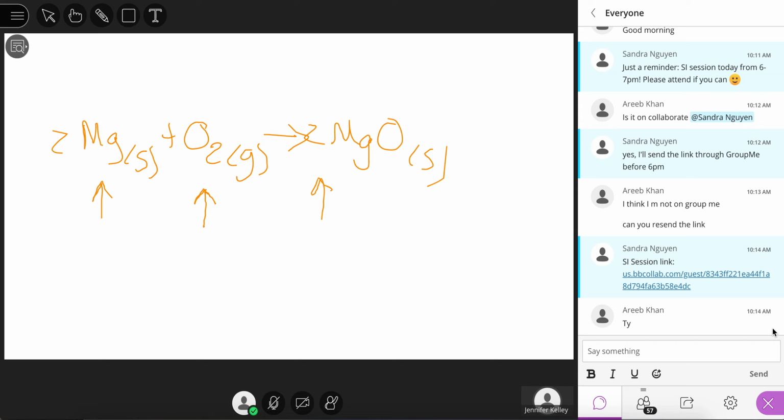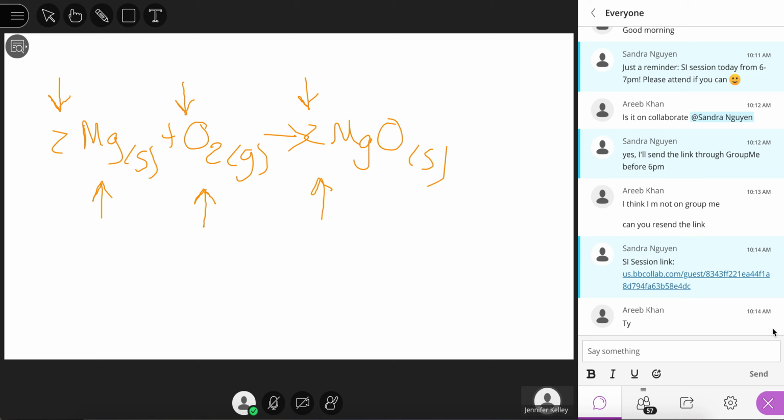Instead of molecules, you could say moles. Like if you had a mole of something, you could multiply the whole thing by 1 mole. And then that's basically saying for every 2 moles of magnesium, you're going to need 1 mole of oxygen, and you'll produce 2 moles of magnesium oxide.